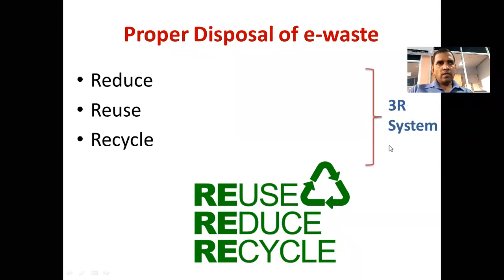So let's understand these 3 actions one by one: reduce, reuse, and recycle. So what is reduce? How can reduce be a proper disposal method? Right. So let's understand the term reduce first. Then we can justify that it is a proper method for disposing the e-waste. Right. So starting with reduce.